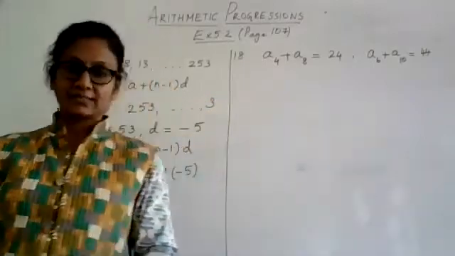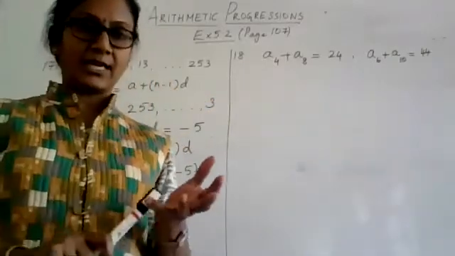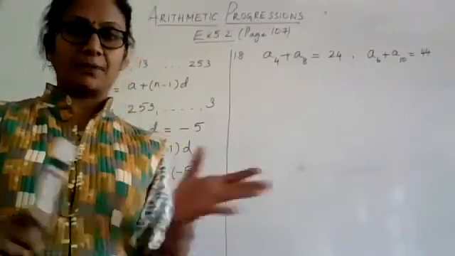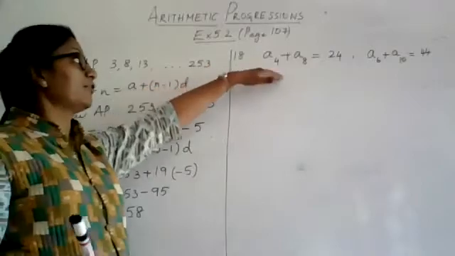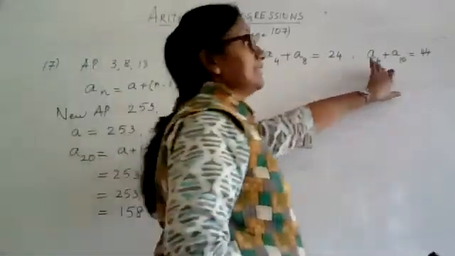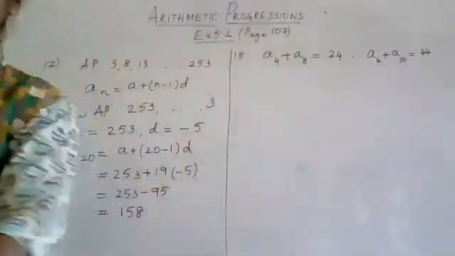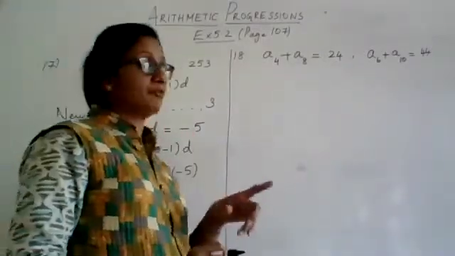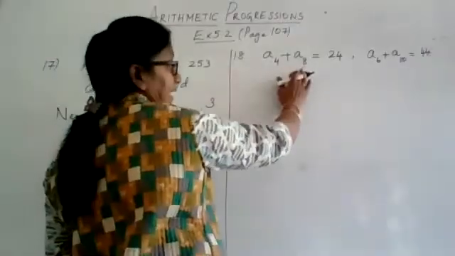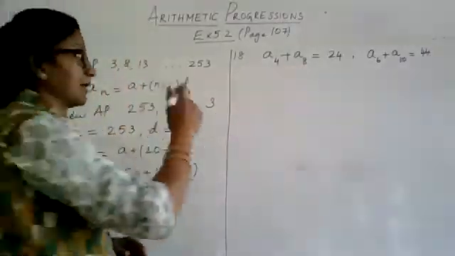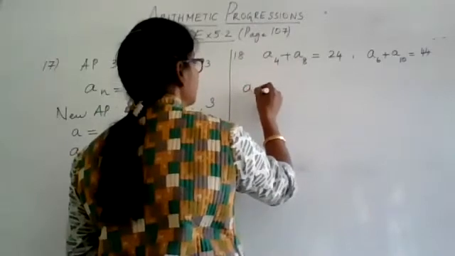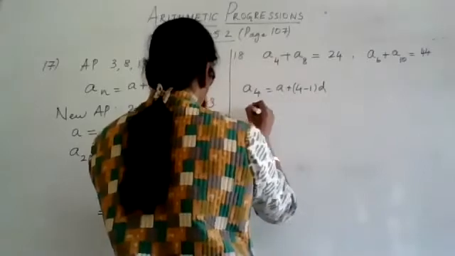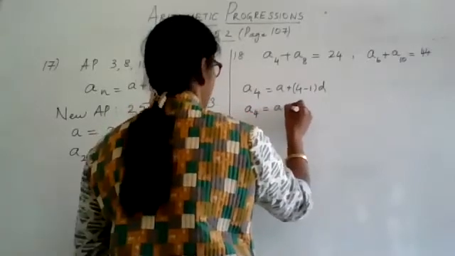To get the first 3 terms, you should know the A and the D, that is the first term and the common difference of the AP. Nothing is given, only the sum of A4 and A8, and A6 and A10. Using this, you should find the first term A and the common difference D. Using the formula, A4 is A plus 4 minus 1 times D, or in other words A4 equals A plus 3D.